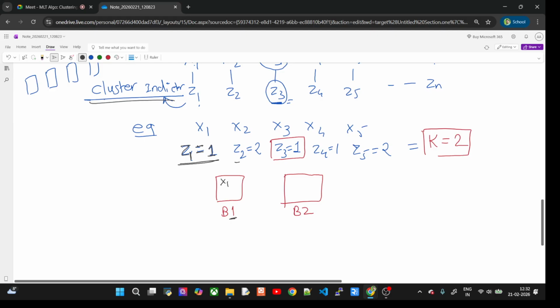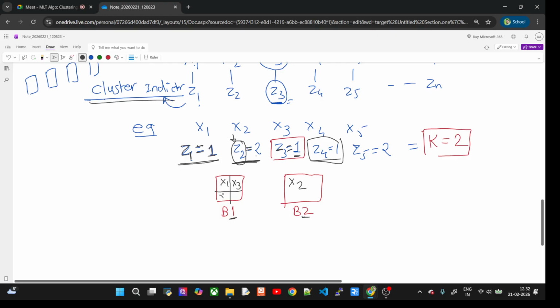For the data point x2, the cluster indicator is z2. z2 is equal to 2, which means x2 is going into box number 2. x3 has cluster indicator equal to 1, so it is going into box number 1, the same box. x4 is also going to box number 1, because z4 is equal to 1.